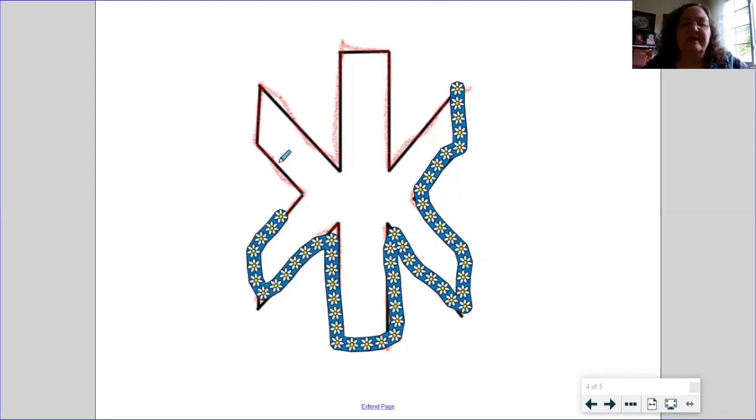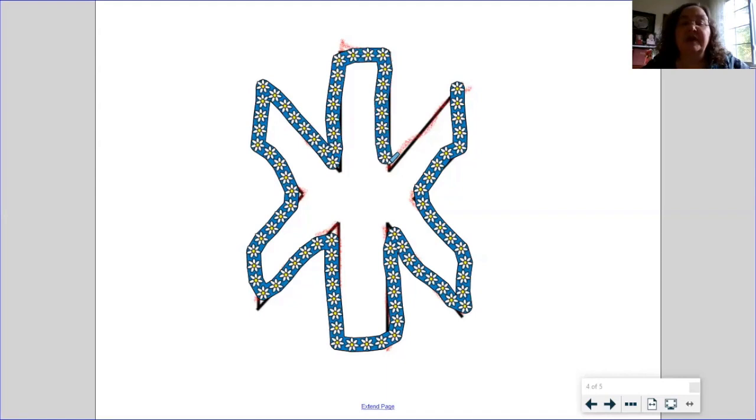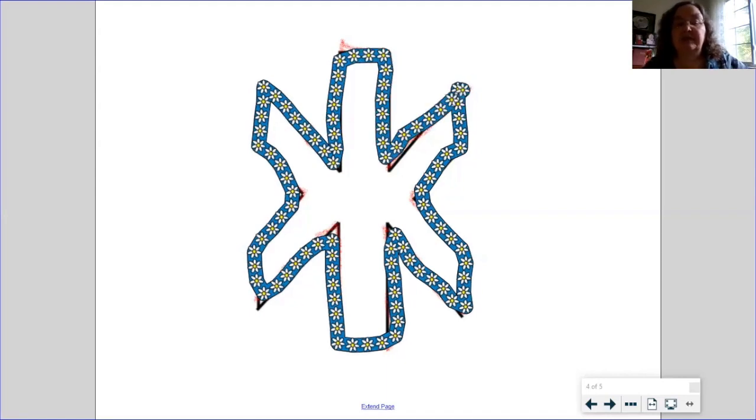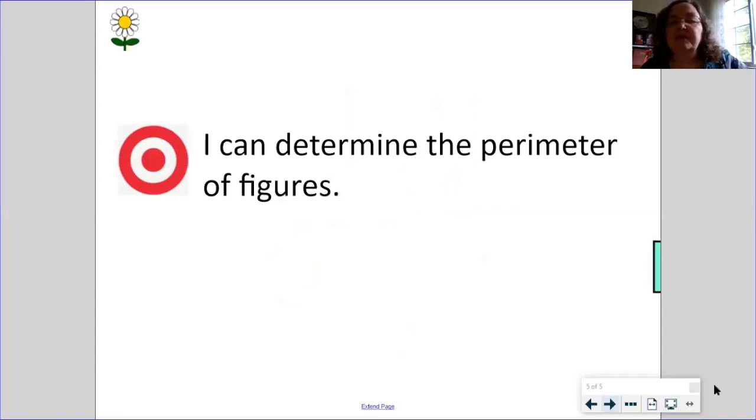So we said that the perimeter is the outside edge of a figure. Oh my goodness, that looks so fancy. So today we talked about how I can determine the perimeter of figures.